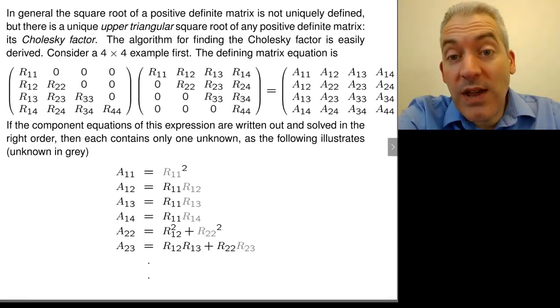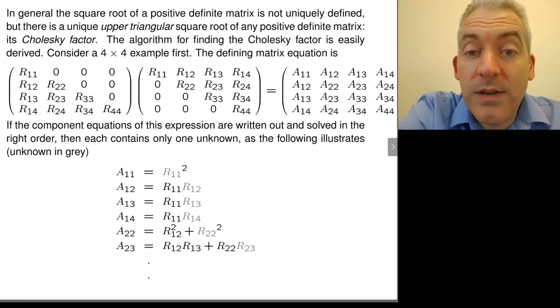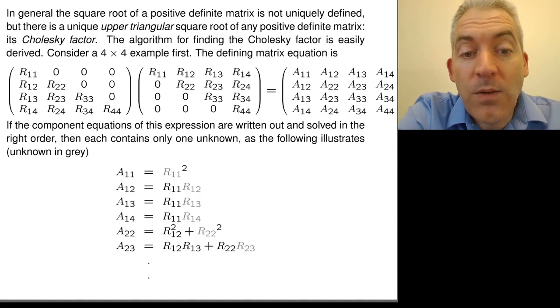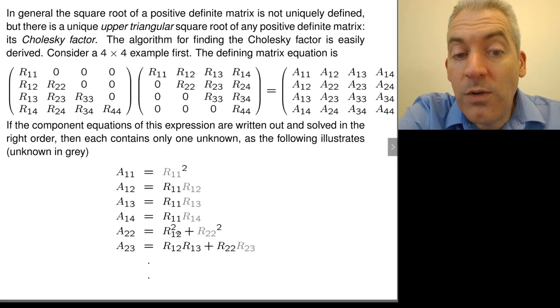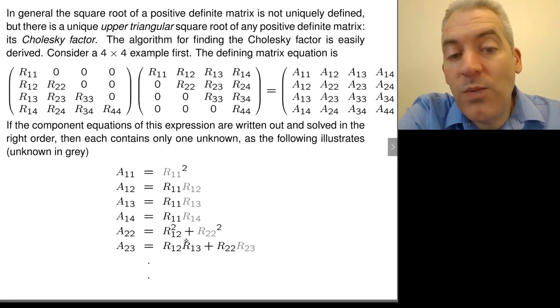And we work through the elements of this A matrix one at a time, go through them in order, and we find that at each stage we only have an expression with one unknown, because all of the other potential unknowns we've already worked out.